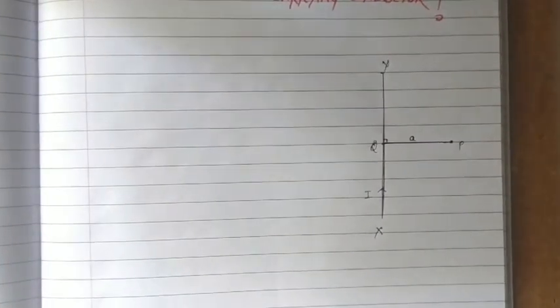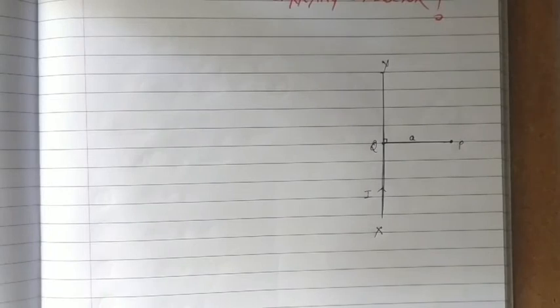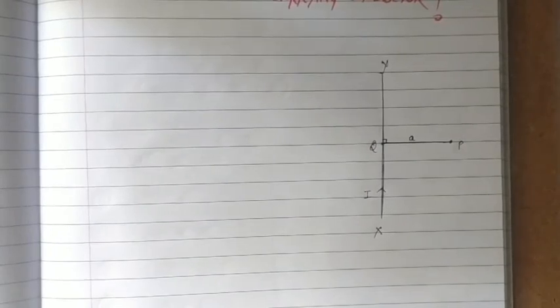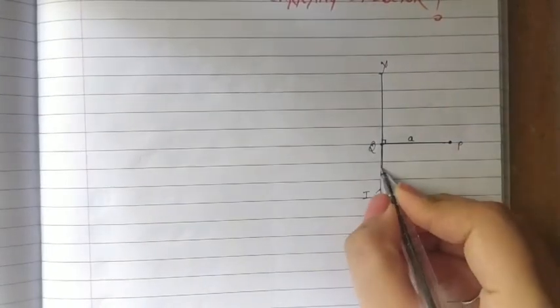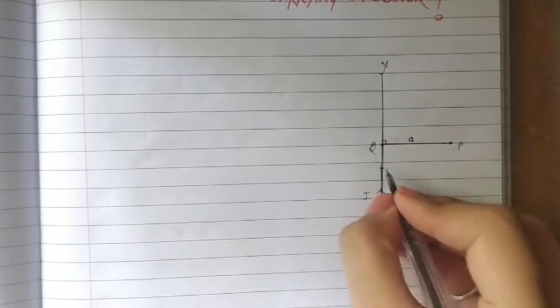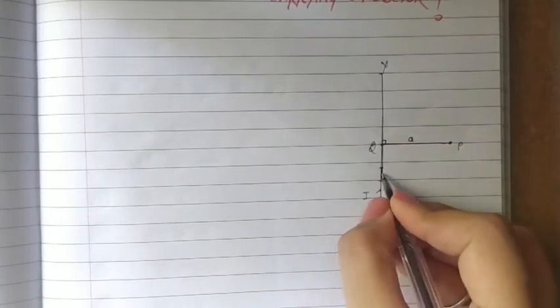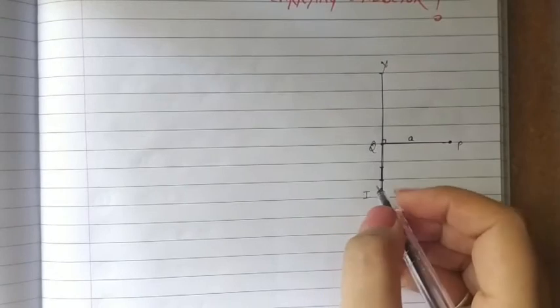Now to apply the Biot-Savart law, we have to consider a small current element dl vector at a point O on this wire. So here I am considering this small current element, because of which we are first calculating the magnetic field.